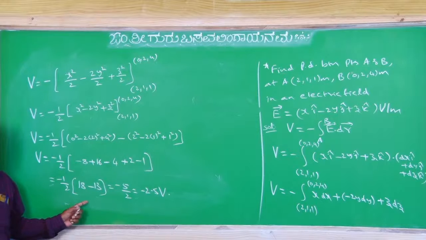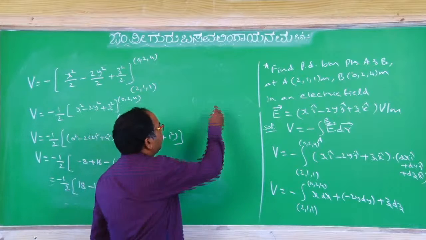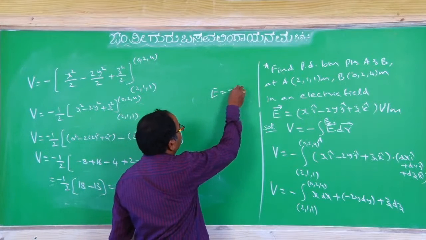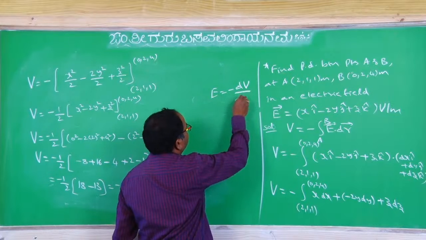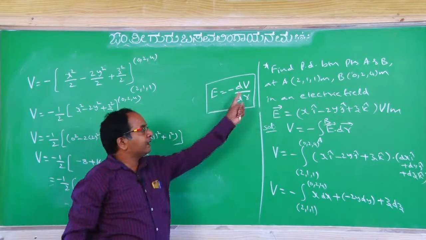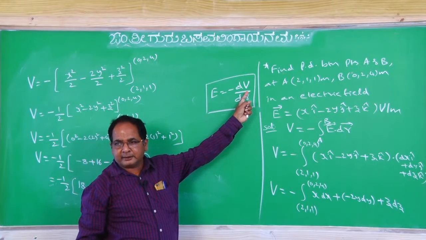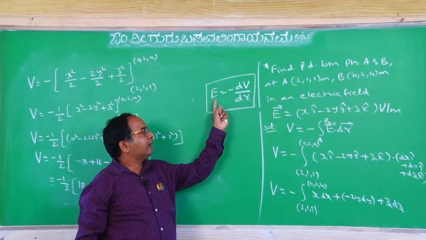This concept, okay now? Here always E and V, how you relate? E is equal minus dV by dr. That means if the potential is expressed, okay, if the potential is expressed, then the electric field, how you write?